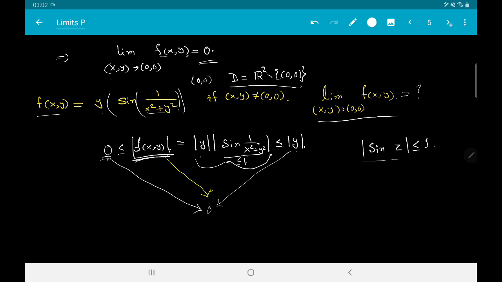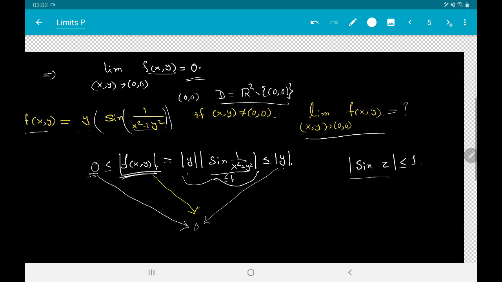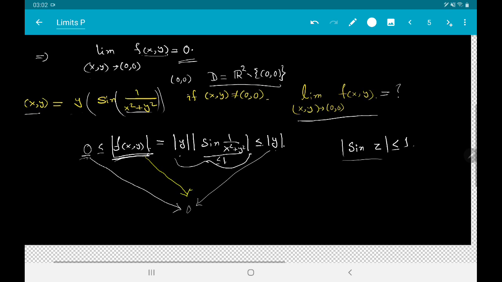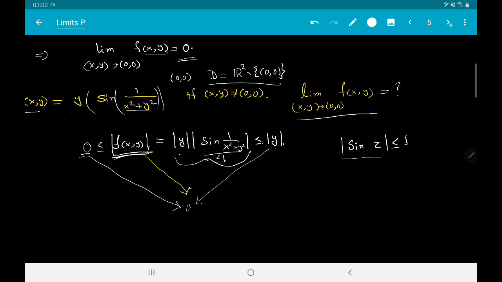On the other hand, if you wished, you could have also used the epsilon delta definition. Again, if you give me an epsilon greater than 0, I would choose delta to be exactly the epsilon that you have given me. The first step is to relate modulus of y to norm of (x,y), so this is less than or equal to norm of (x,y).